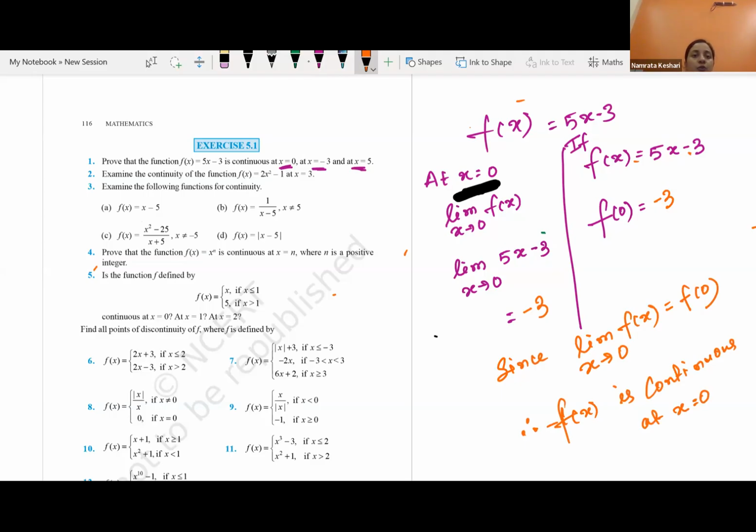Yes. Can you do the same thing for x equals minus 3? When x equals minus 3, can you do it by yourself? Yes, do it. Okay.